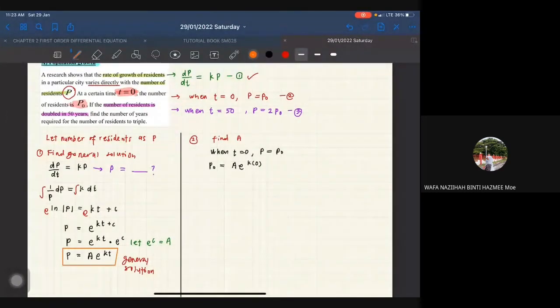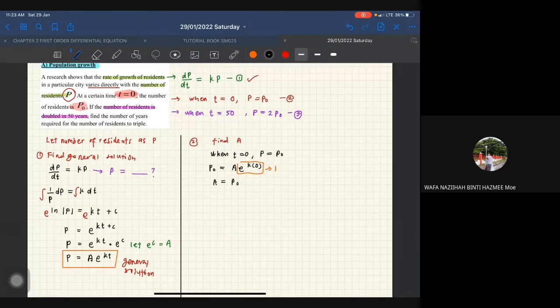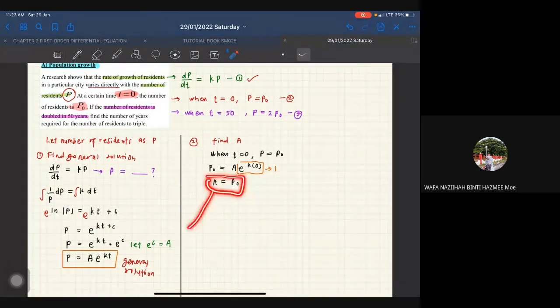Okay, so this one is equal to 1. Alright, so you will get A equal to P naught. Okay, so bila dah dapat A, awak substitute balik this one masuk dalam general solution. Okay, so masukkan balik ke dalam general solution, you will get P is equal to P naught E K T.